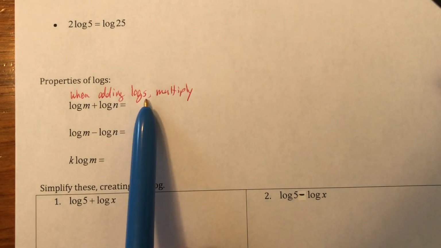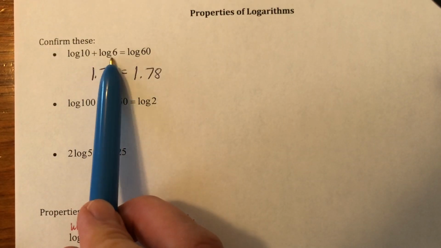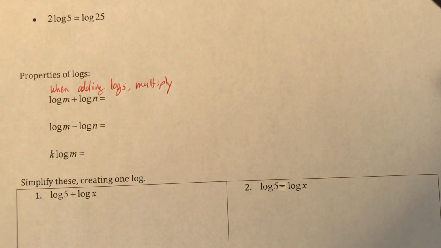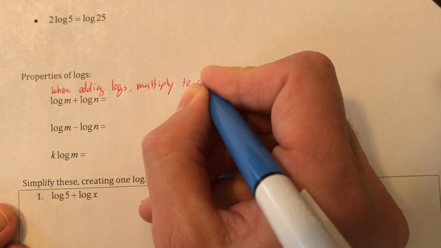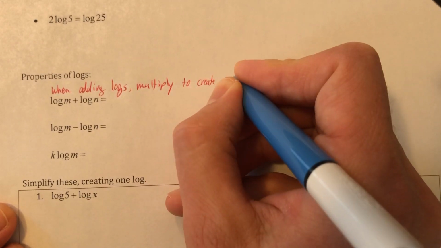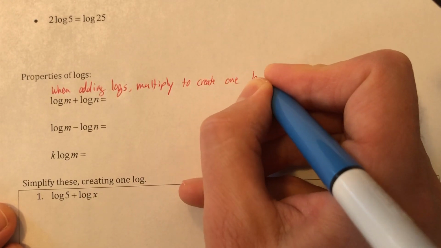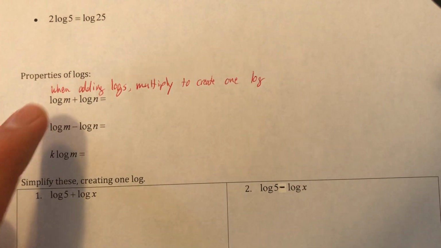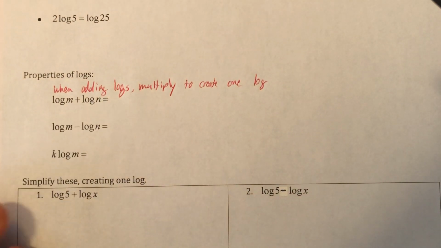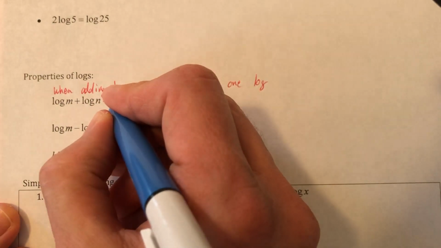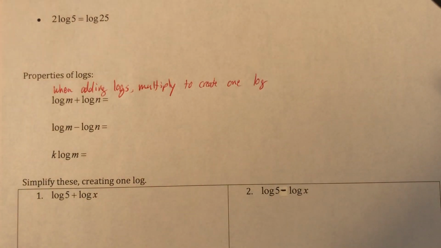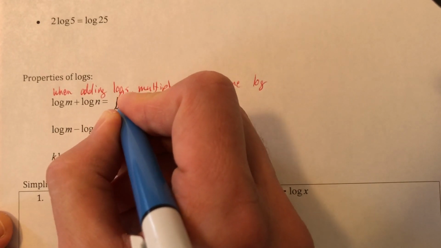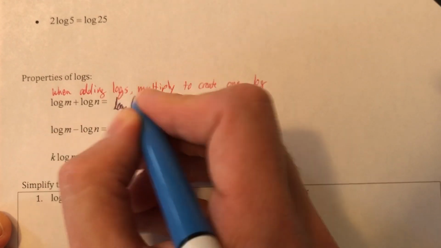When you're adding logs that have the same base, these both have a base of understood 10, you multiply to create one log instead of having 2 or 3 or however many. So log of m plus log of n. M and n are just regular numbers. I said regular numbers. Let's call them real numbers. Non-zero, non-negative numbers. This would really be log of, well, m times n.